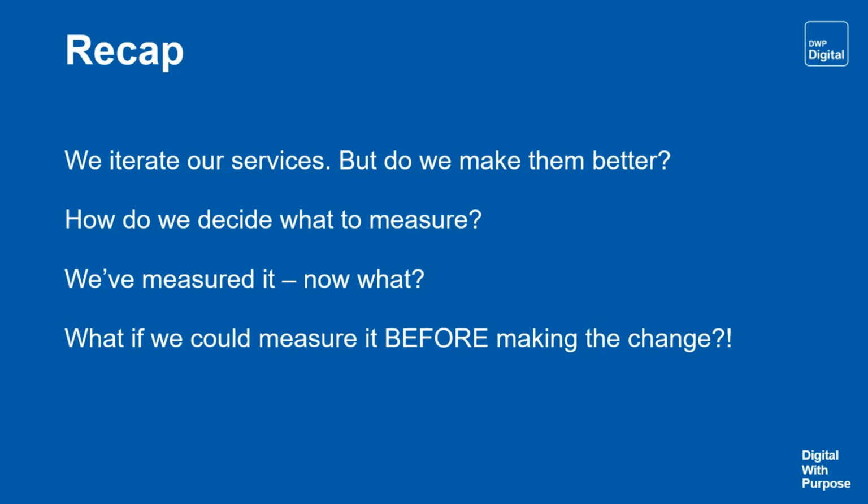And we need to be able to make that hard choice about whether things should stay live or not. And if we were using the technology available to be able to run these tests before we actually developed them fully, we could make it much easier to make those decisions and to make the right changes for our citizens.